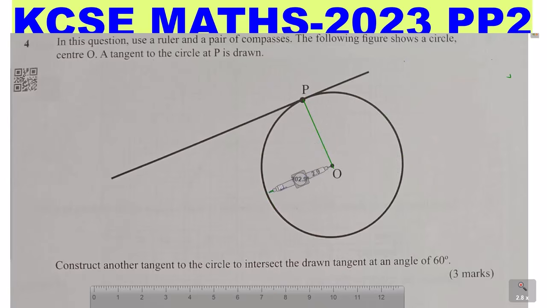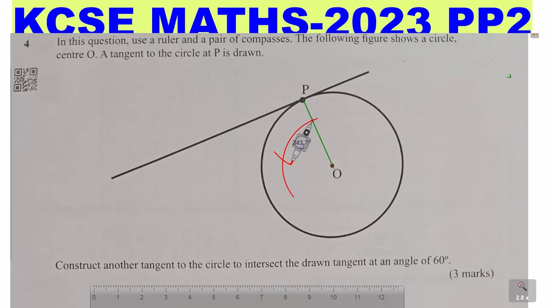So open any radius. You'll mark an arc like that. Then with the same radius, without changing anything, stand at this point and mark at that arc.